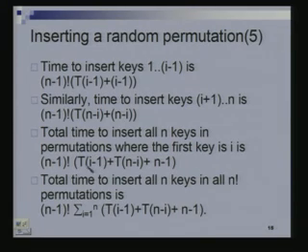It is just the sum of this quantity as I goes from 1 through n, because the first key can be 1 or 2 or 3 or whatever. So, it will be just n minus 1 factorial times this sum, where the sum goes from I equals 1 through n of this quantity. Are there any questions till this point?